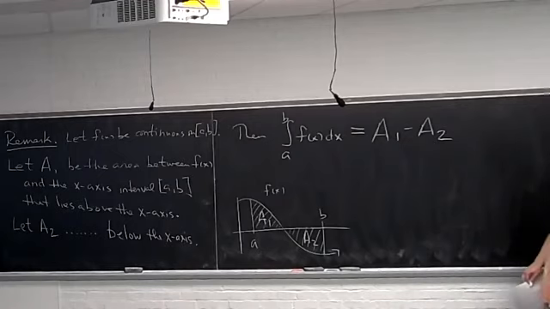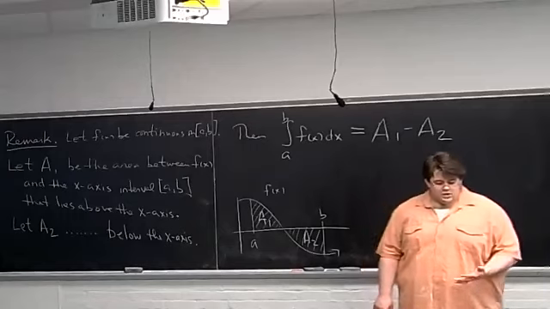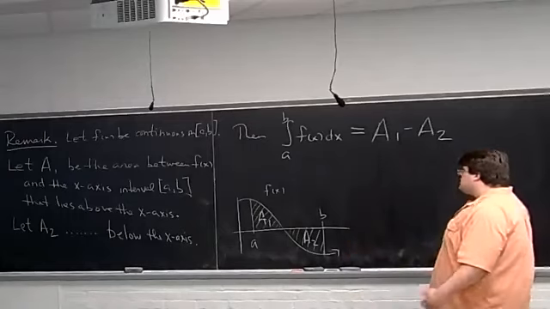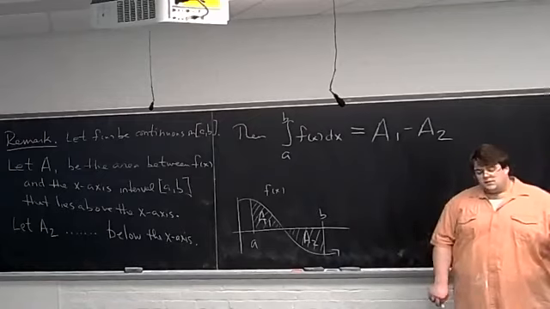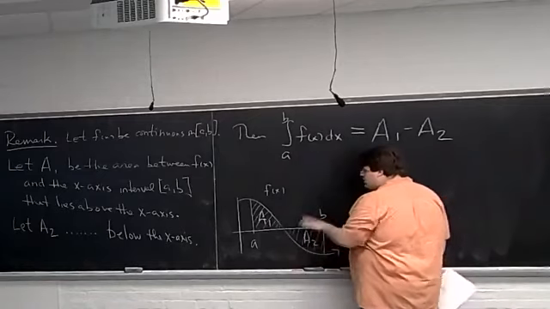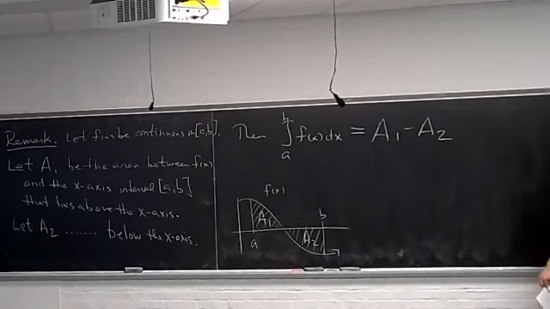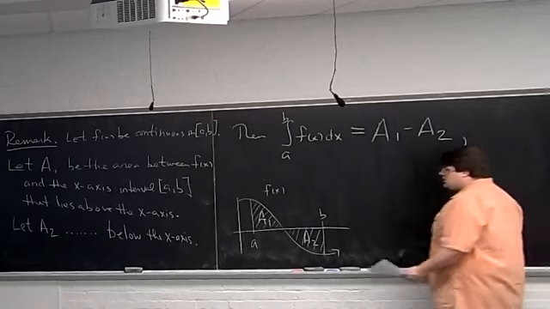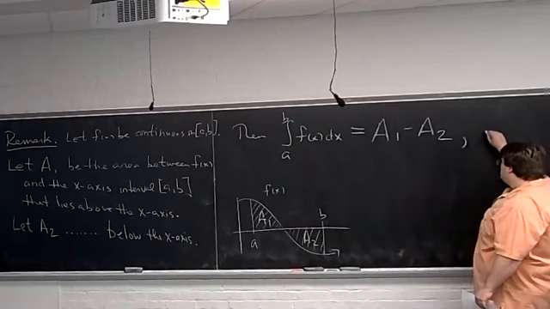So it is useful in the back of your mind to have this approximation and what we did for the approximation. And as far as the definite integral is concerned, it may be useful to summarize that in your mind as above the x-axis is considered positively, below is considered negatively. But there are going to be times where it's useful to view that as a positive, and we're going to just define that here.